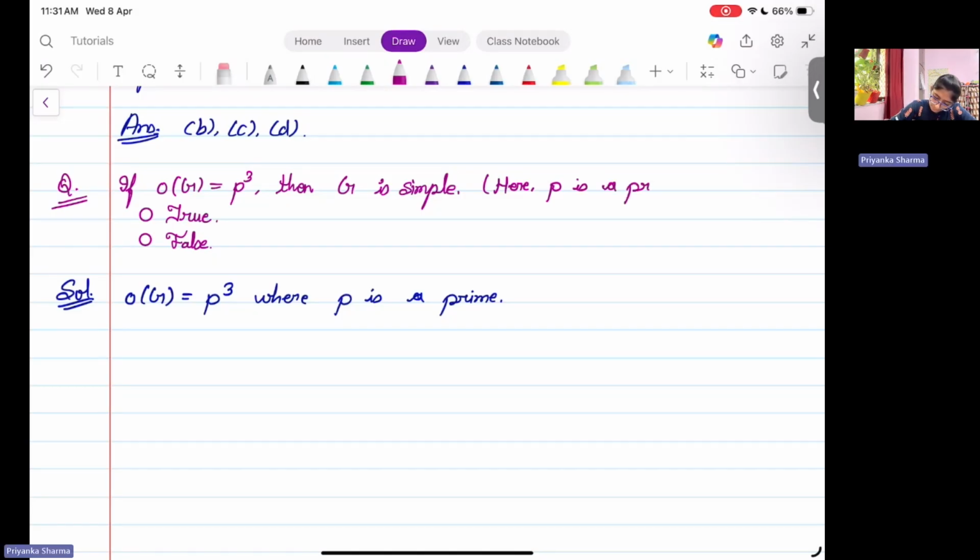So G will be simple if and only if it has only two normal subgroups, the identity and G itself. That is, G doesn't have any proper non-trivial normal subgroup.